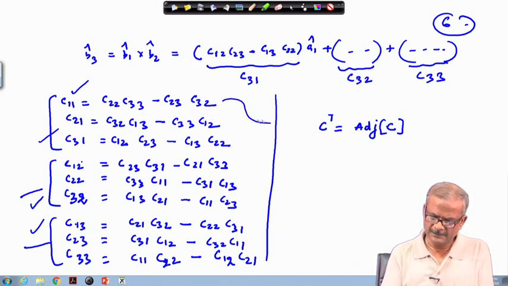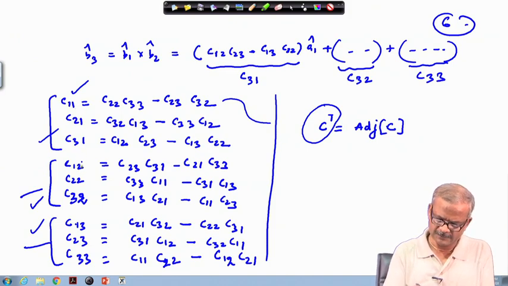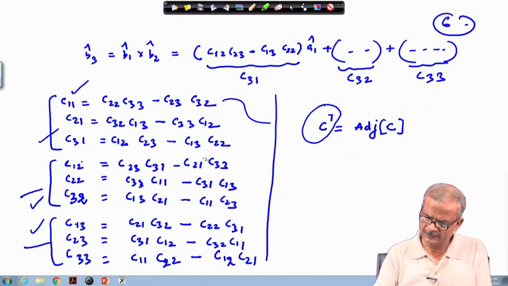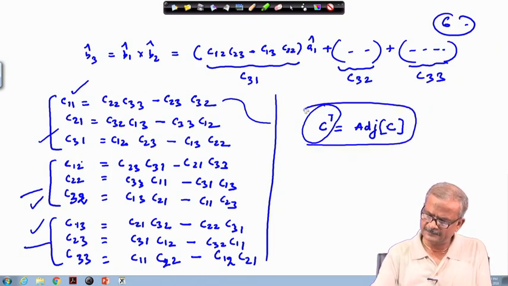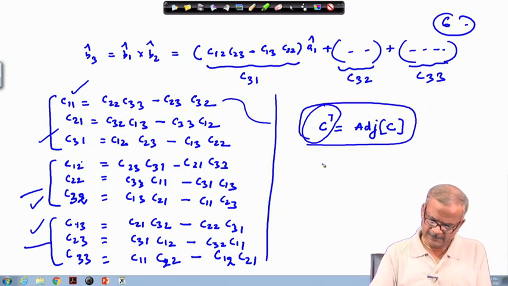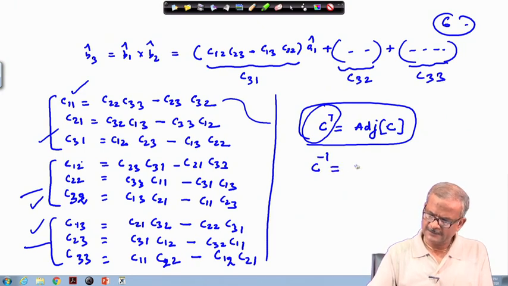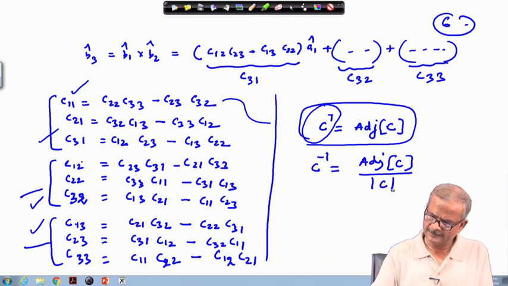So, this whole left hand side, if you write it in terms of the matrix, is nothing but the C transpose: this is the first column, this is the second column, this is the third column. Using this it can be written here in this way, and we are aware that C inverse is written as adjoint C divided by determinant C. Okay.